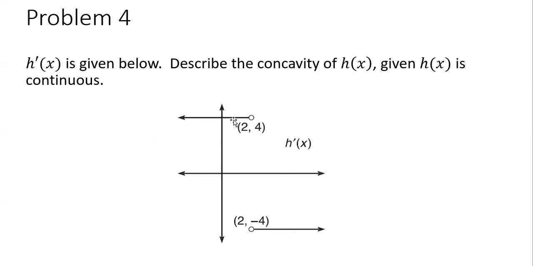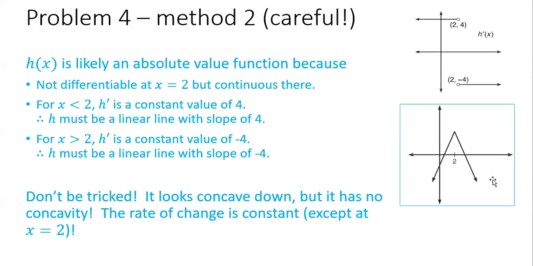That means h must be a linear line for x less than 2 with a slope of 4. And after x equals 2, it's a linear line with a slope of -4. Which function does that sound like? Absolute value. Okay? It's not differentiable right here at the sharp turn, but it's continuous. The problem said it's continuous, right? So it is continuous. It's just not differentiable because of the sharp turn.